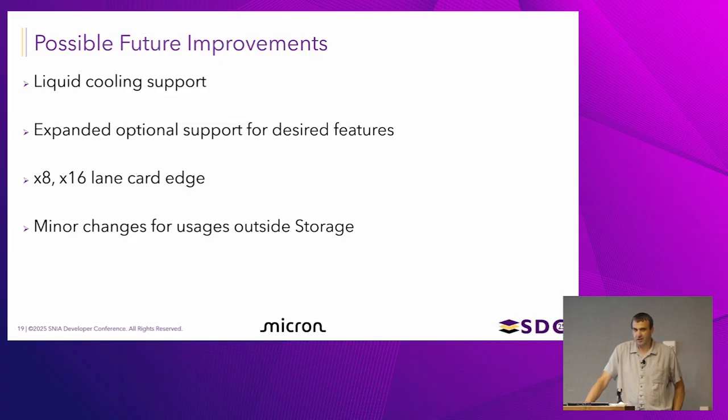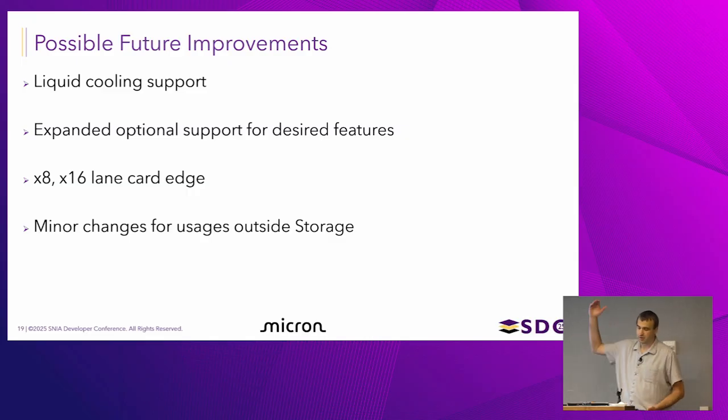Optional support for desired features. There might be certain features out there down the horizon that people may or may not want. That might be E2 specific. And that kind of ties into the question, do we need a x8 or x16 card edge? Some of the form factors like E3 actually evolved, and we added networking capability to it.